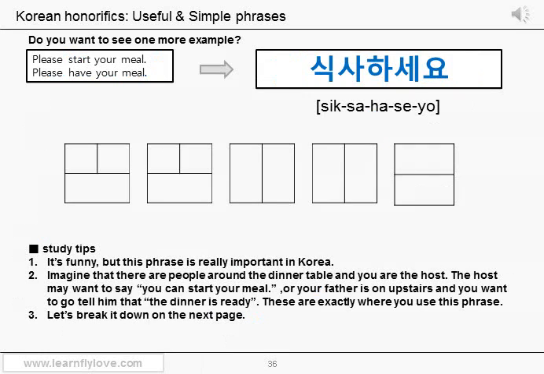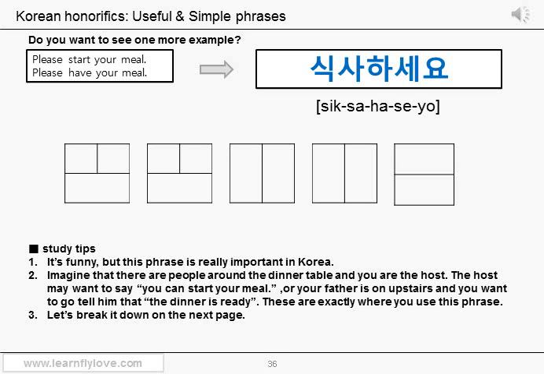Do you want to see one more useful and simple phrase, which means "please start your meal" or "please have your meal"? Do you guys use this phrase in your country often? Do you remember we told you that the word 밥, which means meal or cooked rice, is important in Korea? This one is kind of on the same line. It's funny, but this phrase is also very important in Korea.